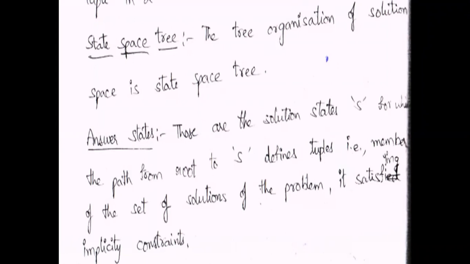So from the solution states, you are finding answer states by using the implicit constraints.